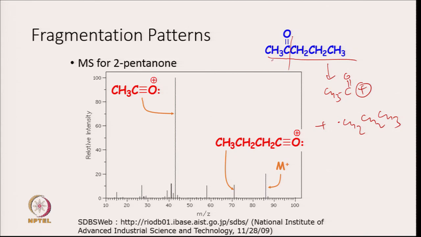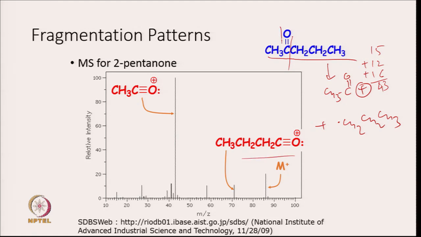When this results, you have a mass of 43. This corresponds to 15 plus 12 plus 16, which is 43. So, you will get a peak at 43, then there will be a peak at this position.